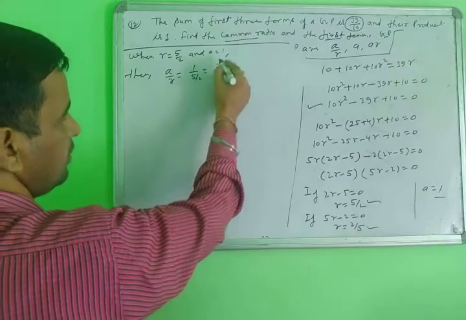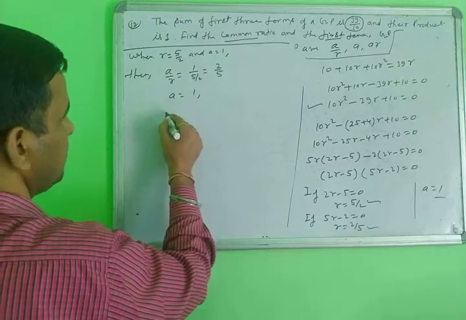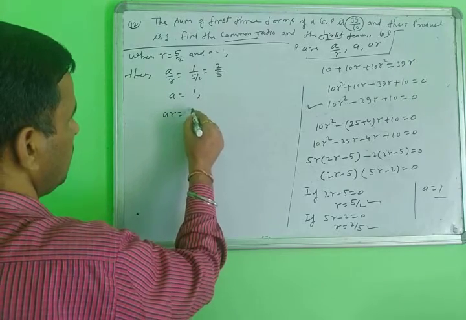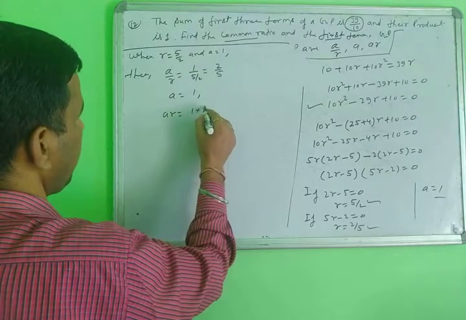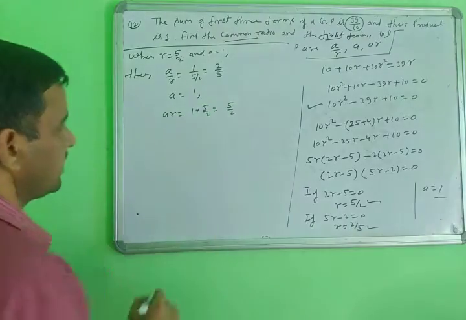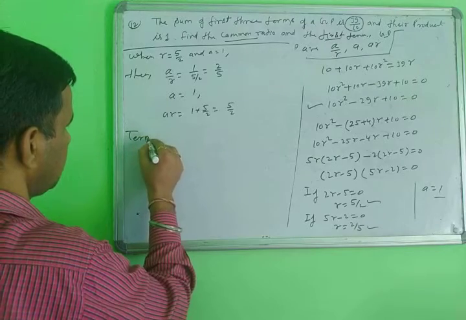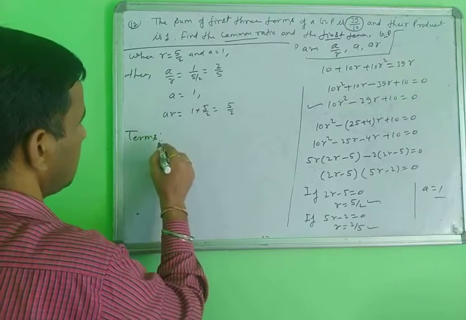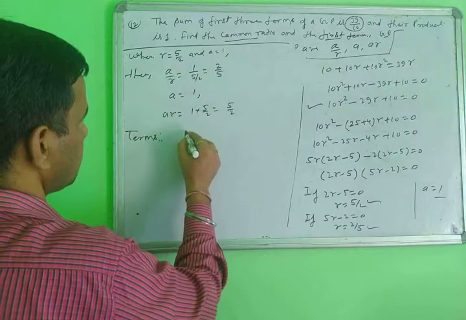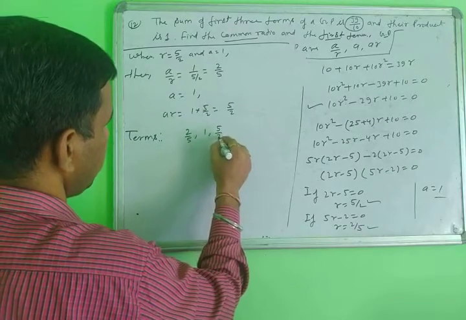The value of A we already have, 1, and AR equals 1 into 5 by 2, which is 5 by 2. Then the terms of the GP are 2 upon 5, 1, and 5 by 2.